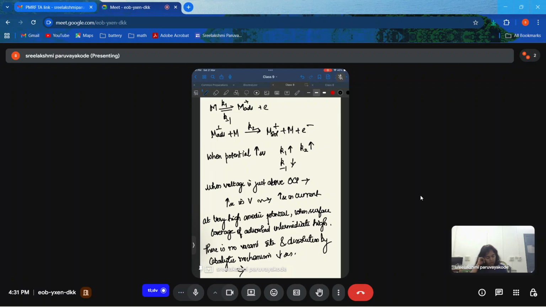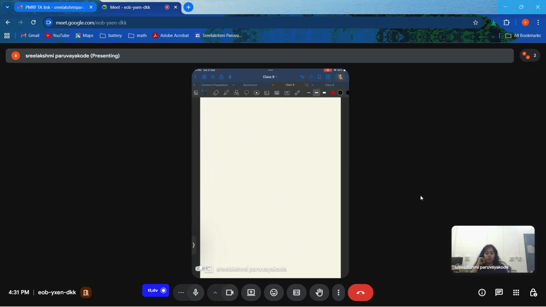So this means hence current potential. So in this case, you will have a graph something like current versus potential. Potential increases, current increases, and after that point, it reduces. Okay.